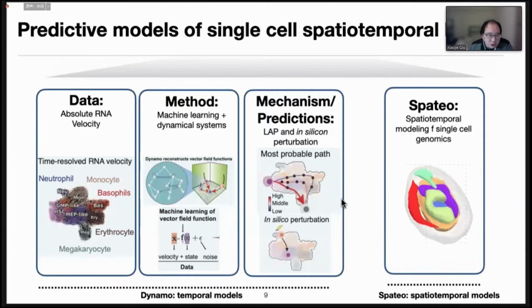Finally, I'm going to close with my recent efforts in extending the predictive modeling to spatial transcriptomics with the Spateo framework. So let's start with the data.